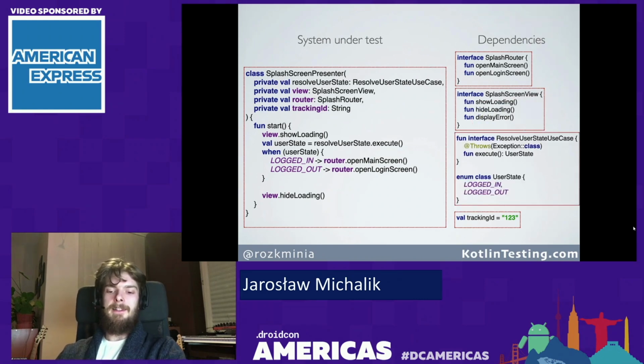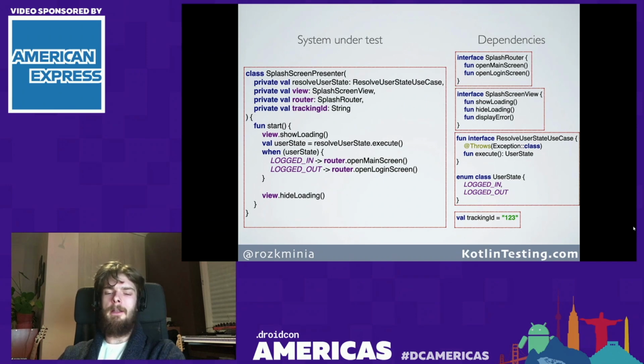And we have some kind of use case which will tell us if the user is actually logged into our app or not. And in the end, we also have some kind of tracking ID, which could be some string representing an advertising campaign from Google Store or other analytical property, which should be a simple value in here.